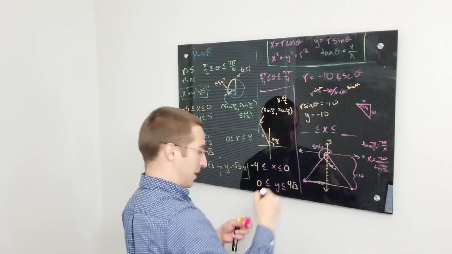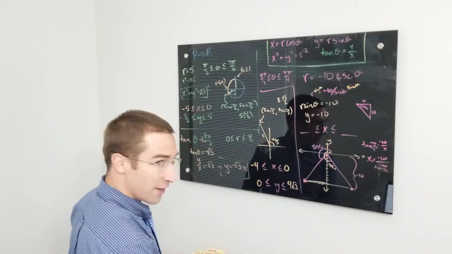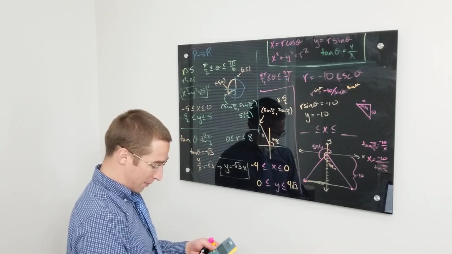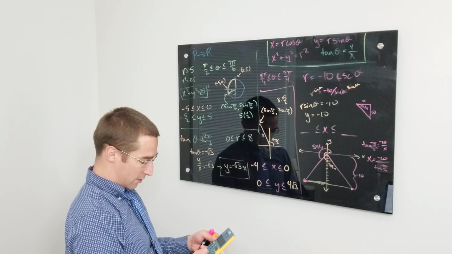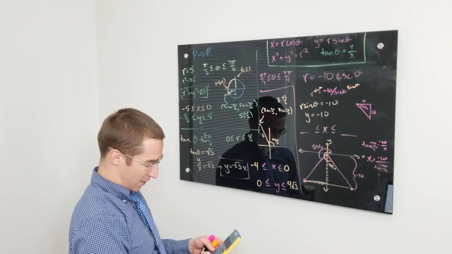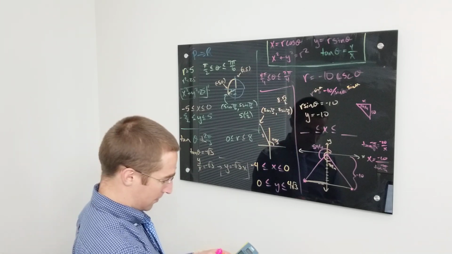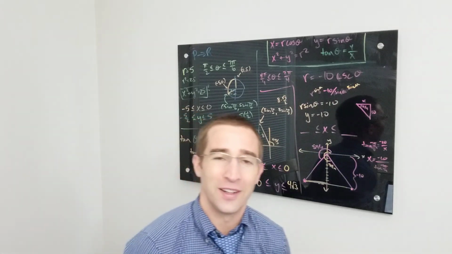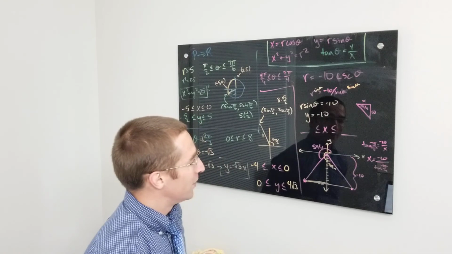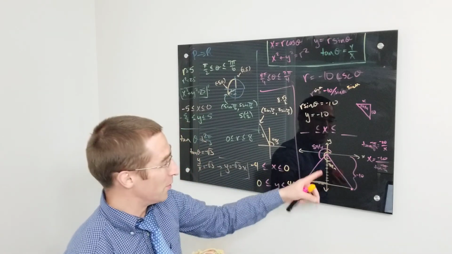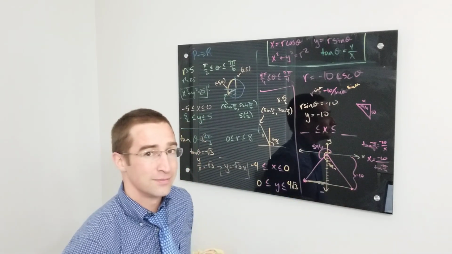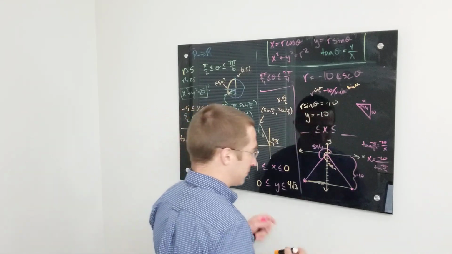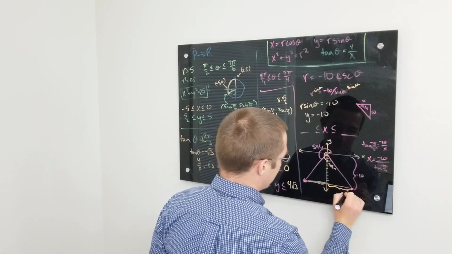Multiply by x, divide by tangent 7 pi over 4. And we get negative 10 divided by tangent of 7 pi divided by 4, which you don't need a calculator for. Well, I had to use a calculator, that was silly. Tangent tells us the slope. What's the slope there? 1. So this is going to be 10 as well. So this is 10.